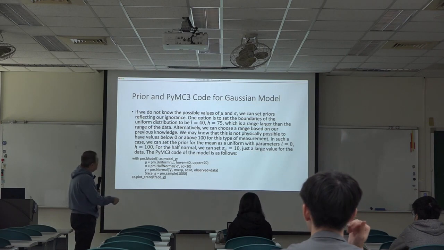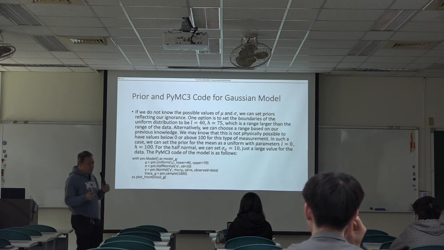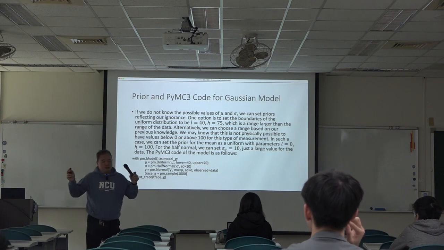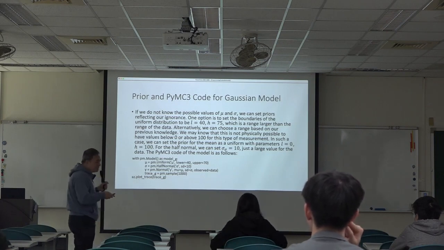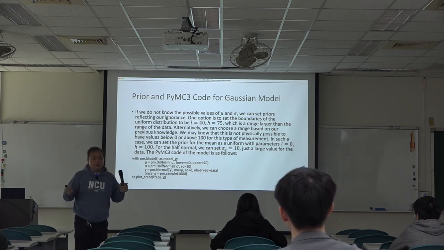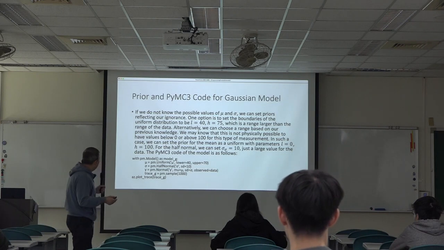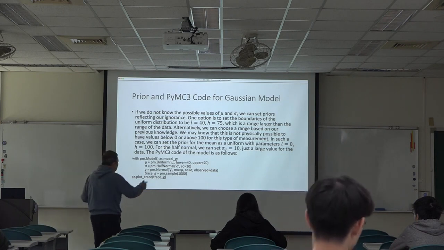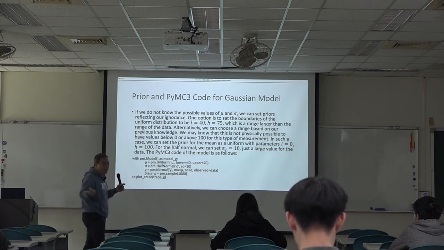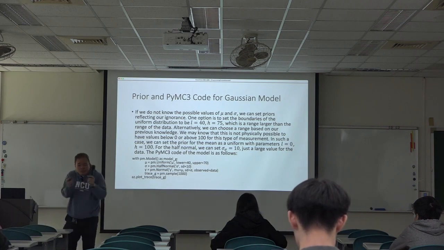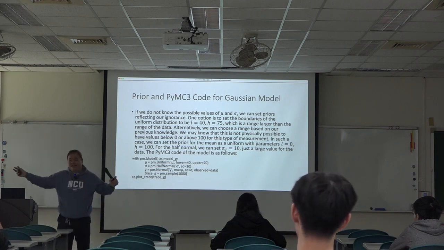Again, it's so simple. Here we set L to be 40 and H to be 75, which is large enough to include all the values in the data set. If you don't know, you can set L to be 0 and H to be 100; you can even further relax it.